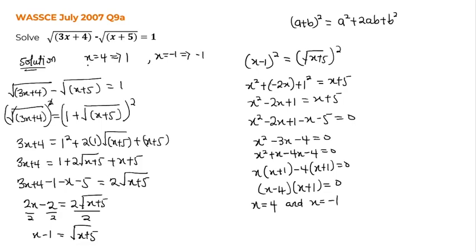So you realize that when s is 4, we get +1 as the question gives us, but when s is equal to -1, it gives us a result of -1, which we don't want. So it means that our answer is s is equal to 4.